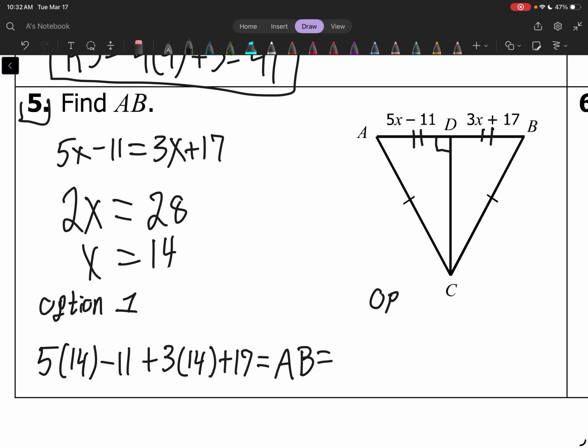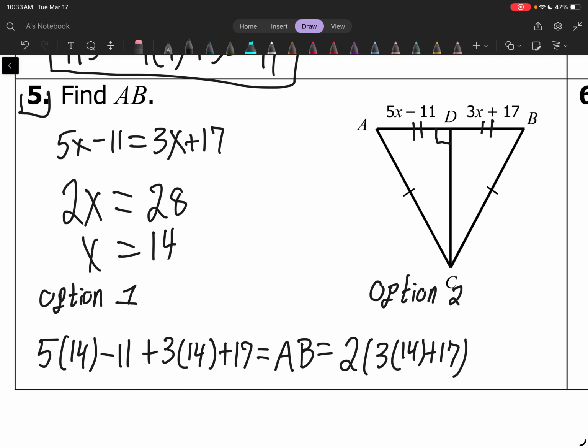Or option 2, which is my preferred method, choose either A to D or D to B. I'm going to be doing D to B and say 2, because they are congruent, so 2 of them, 3 times 14 plus 17 is equal to AB.